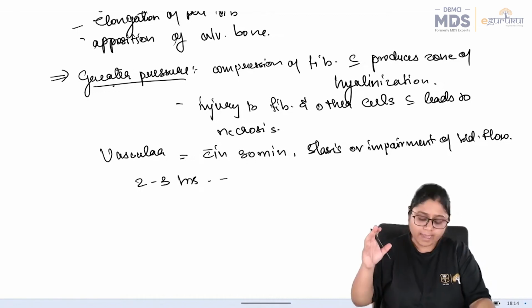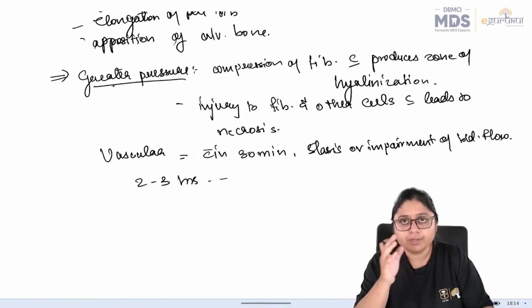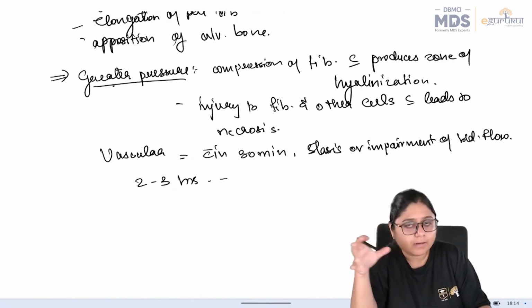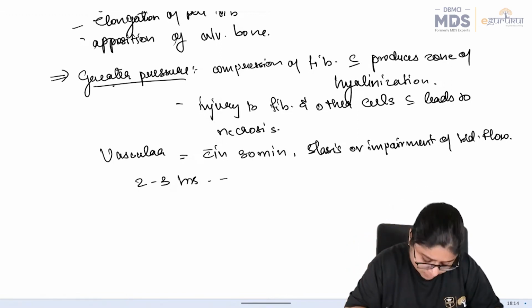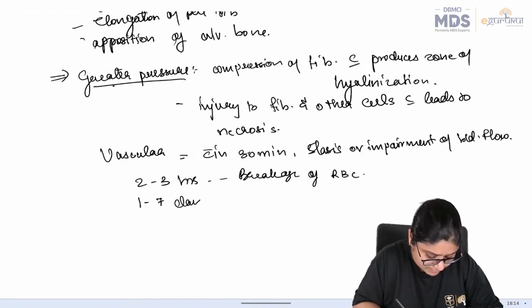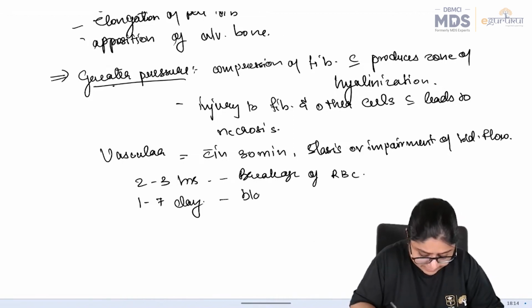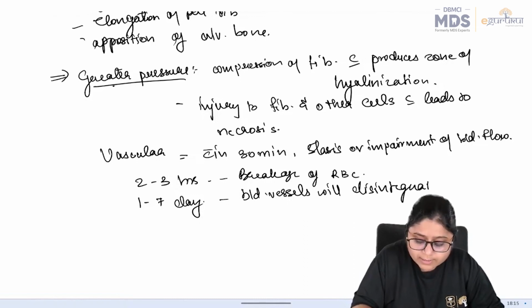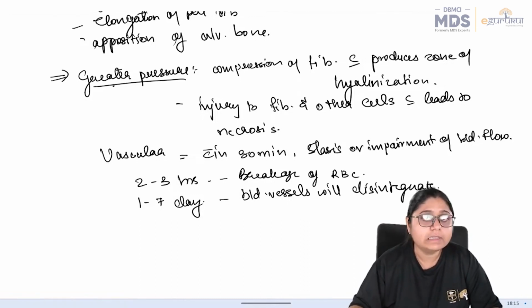Within 30 minutes of compression, the blood flow in the region of pressure decreases. It is stasis. So the RBCs start accumulating in that region and there will be breakage of RBCs. And between 1 to 7 days, the blood vessels will disintegrate. Because of all these changes, the blood supply to this region is lost.